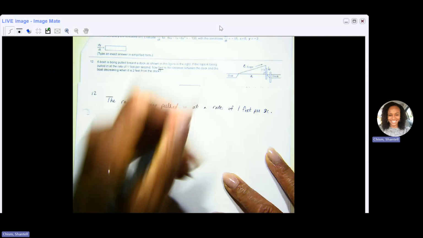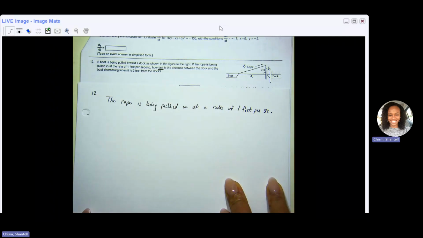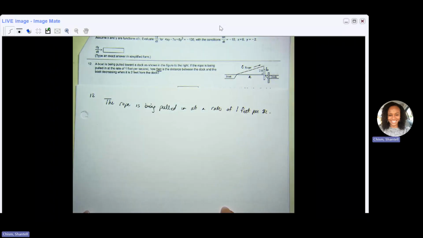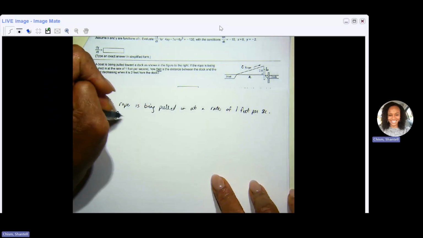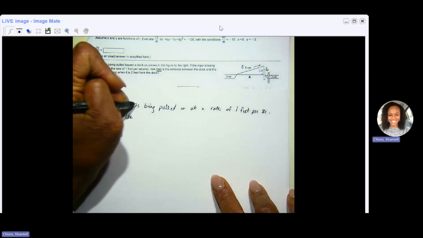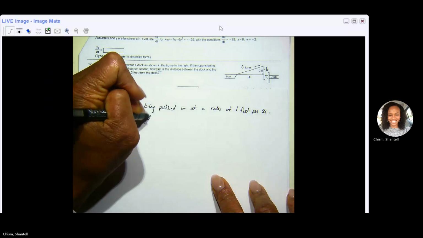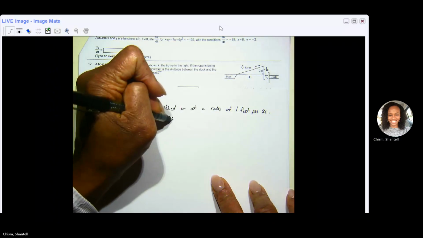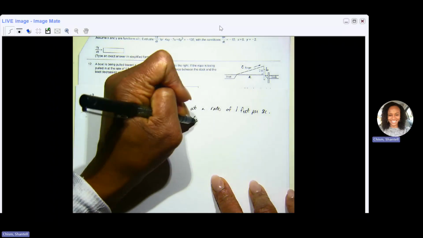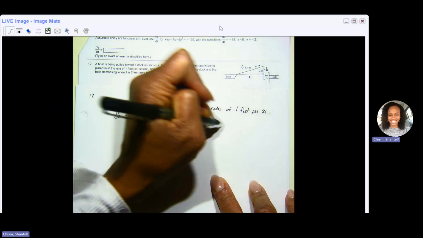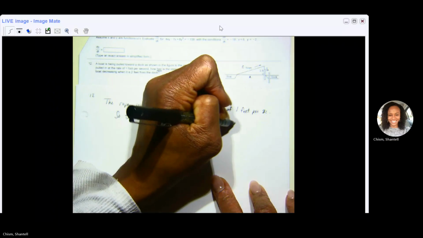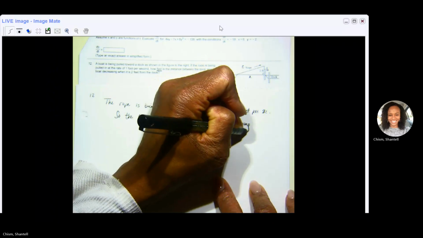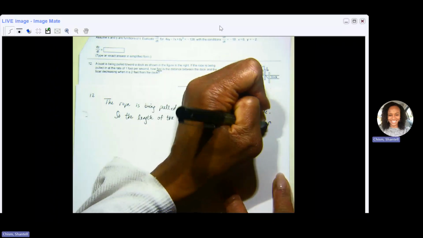That means the length of C, the length of this rope, is decreasing at a rate of 1 foot per second.